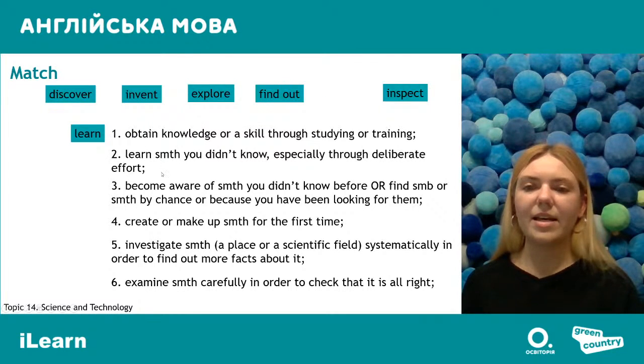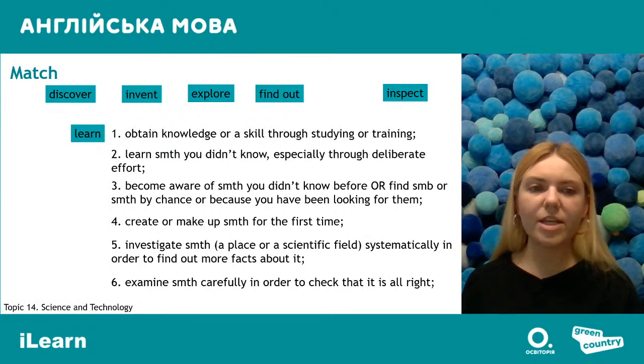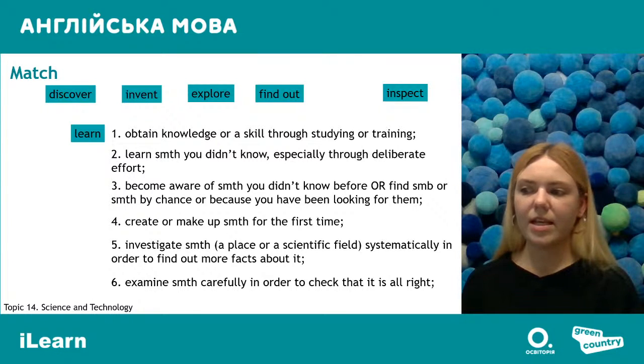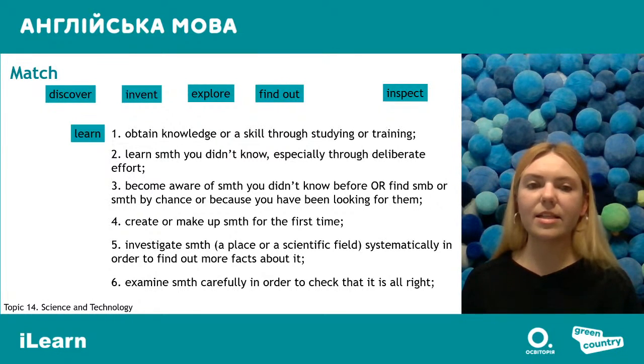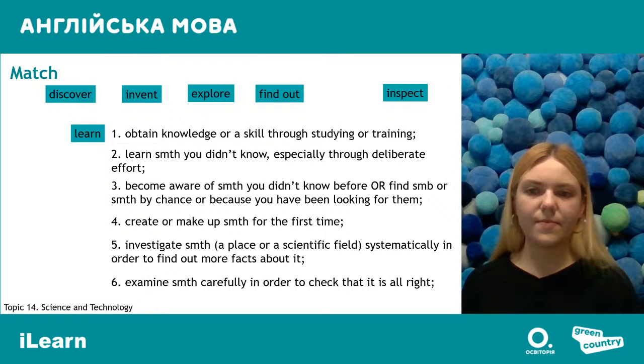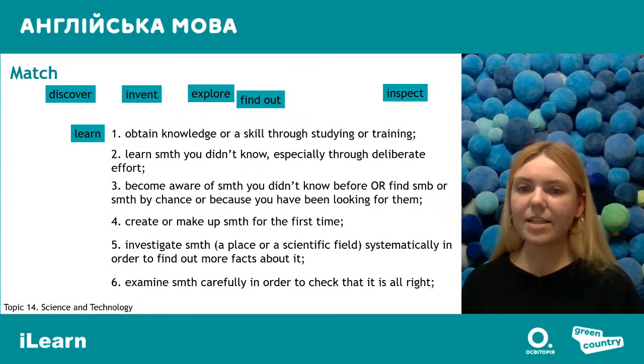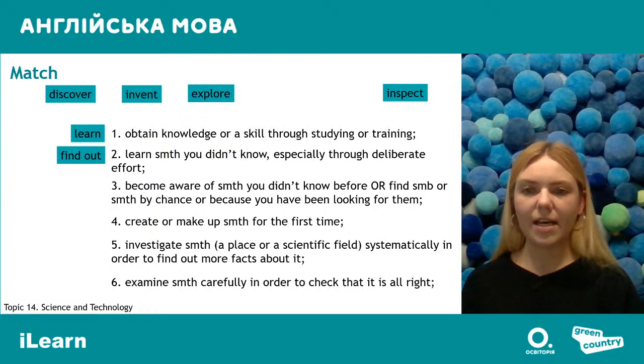Вивчаємо. Number 2. Learn something you didn't know, especially through deliberate effort. Тобто дізнатись щось, чого не знали раніше. And that is find out. Find out, that is to learn about something, like to get to know some information.